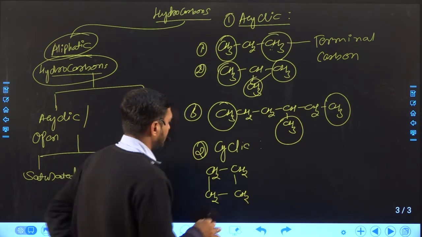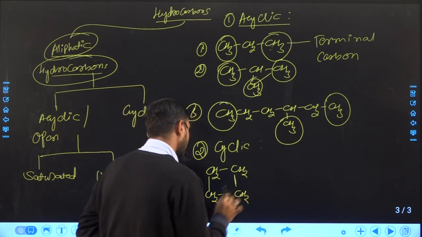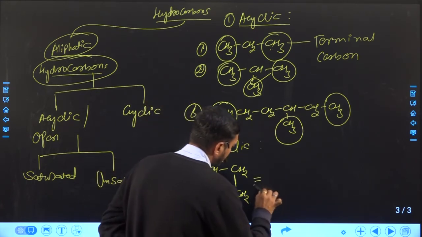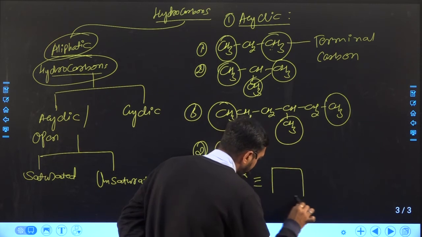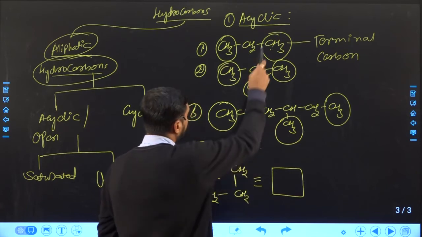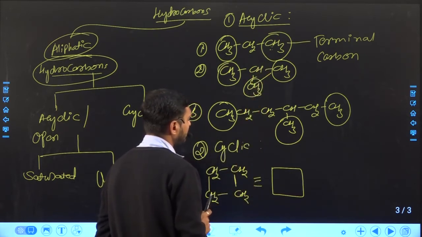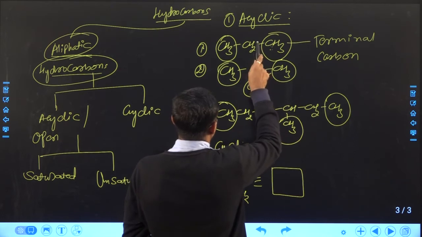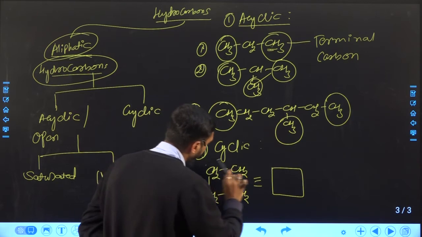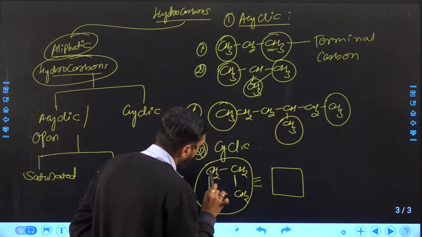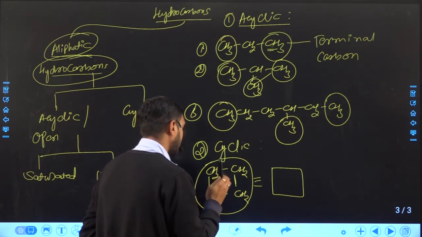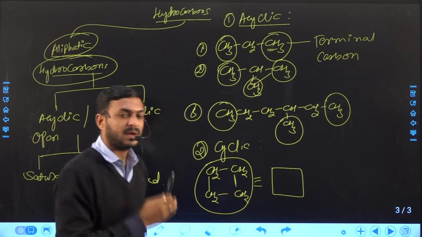Suppose this compound contains 4 carbons and it can also be represented like this as well. So you can see the difference between these two compounds. In the acyclic compound a terminal carbon is present, while in the other, all the carbons are attached with other carbons.